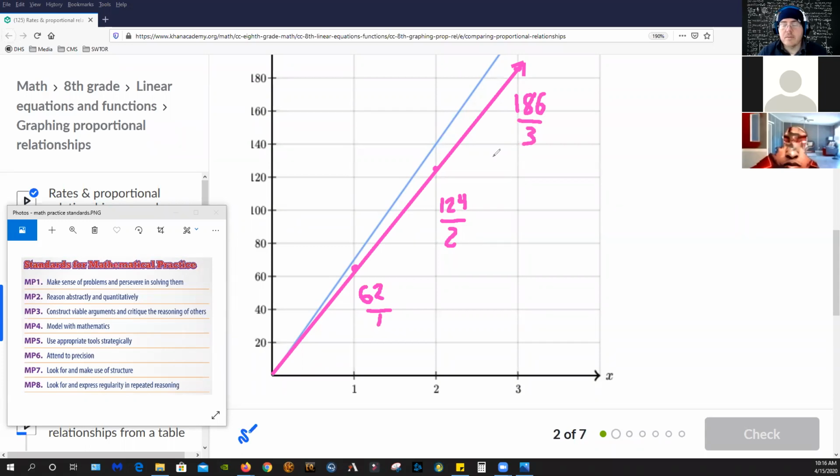So the question is Raquel, this pink line, is her heartbeat going faster than the blue line, slower than the blue line, or exactly the same as the blue line? That's the question.